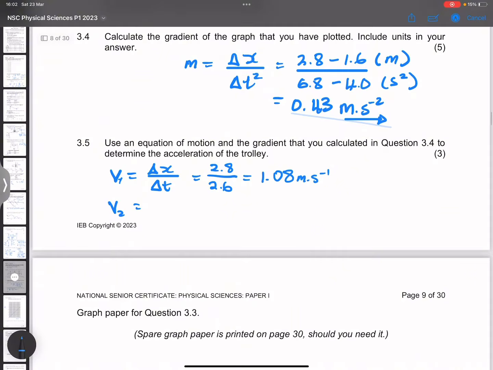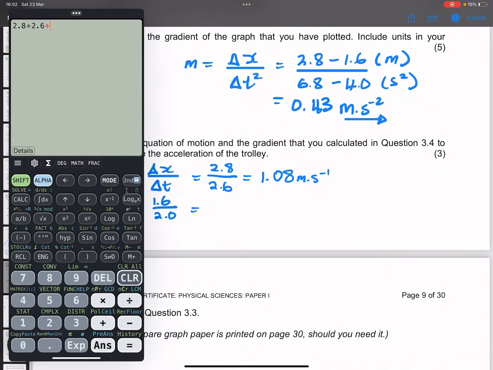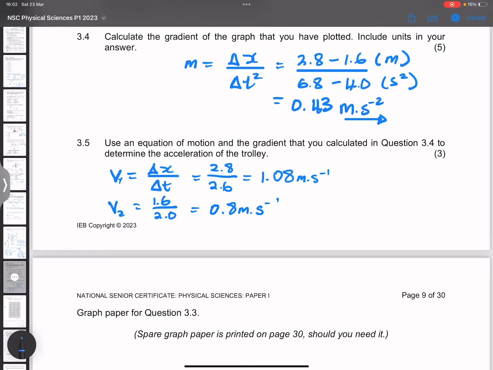So that's 1.6 divided by 2.0, right? And what does that give us? That's 0.8 meters per second, right?